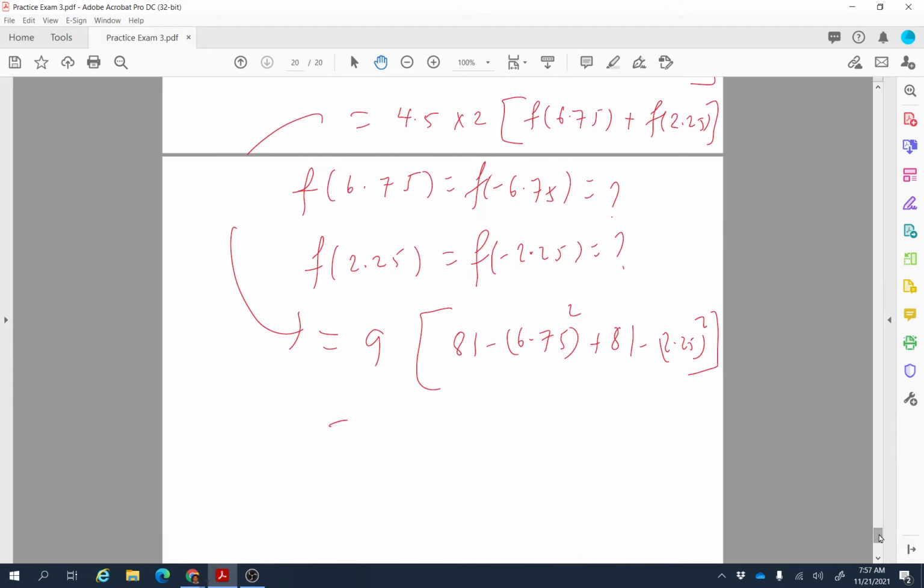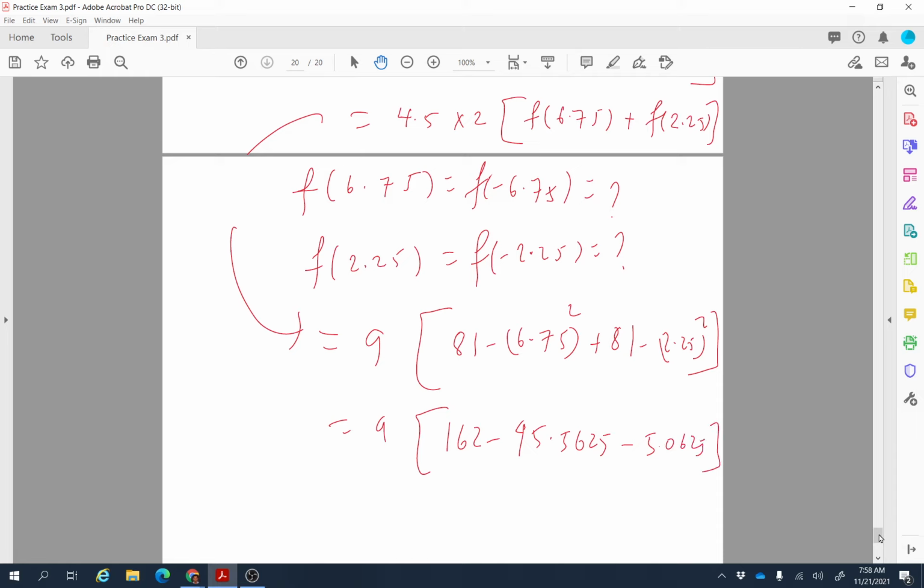So if you add this 81 and 81, it's 162. The square of 6.75 is 45.5625. I'm using my calculator here. The square of 2.25 is 5.0625.